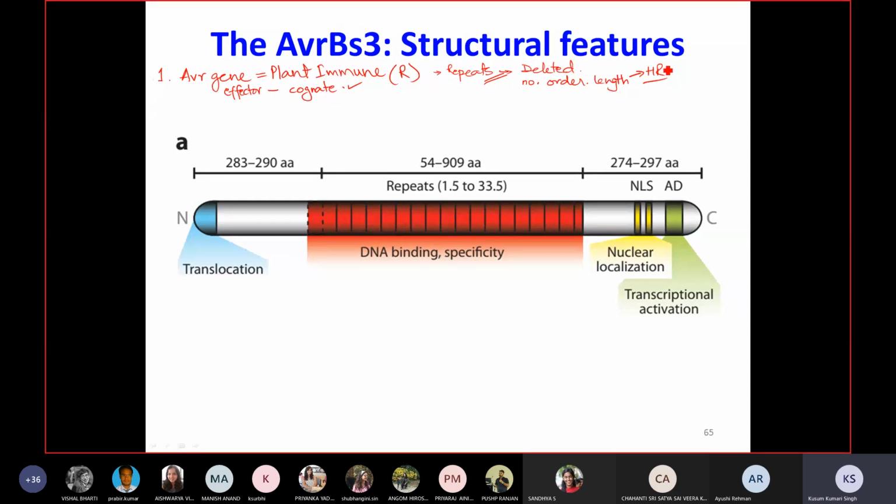That is, whether the plant is susceptible or gives local cell death always depends on the number of repeats. If you delete them, you do not have a hypersensitive response, and if you have proper repeats, by swapping experiments, then you have this response. So the number of repeats, order of repeats, and length of repeats are important for this response.